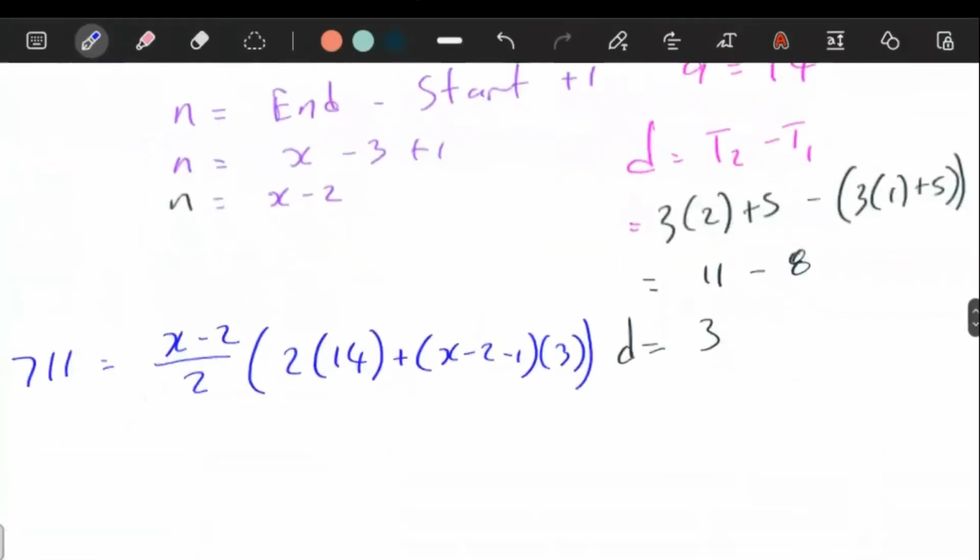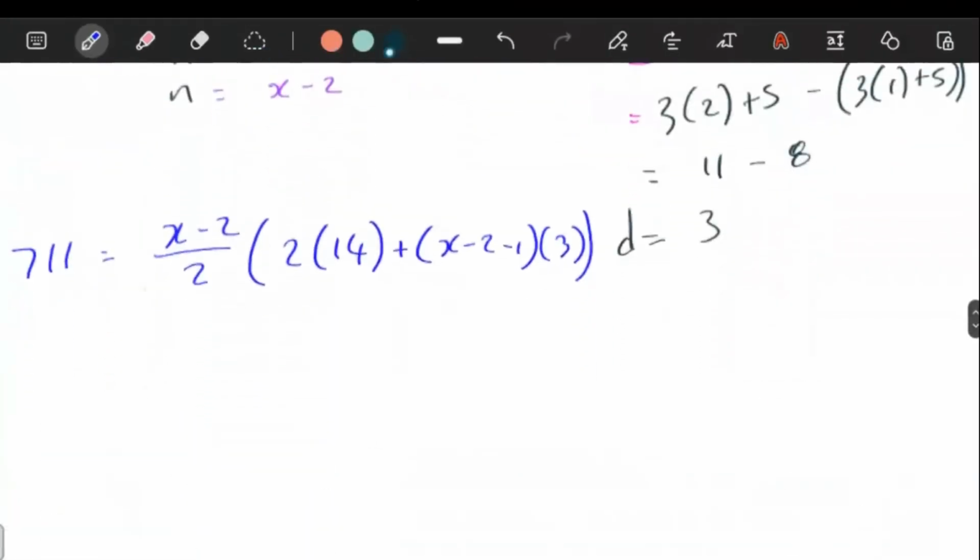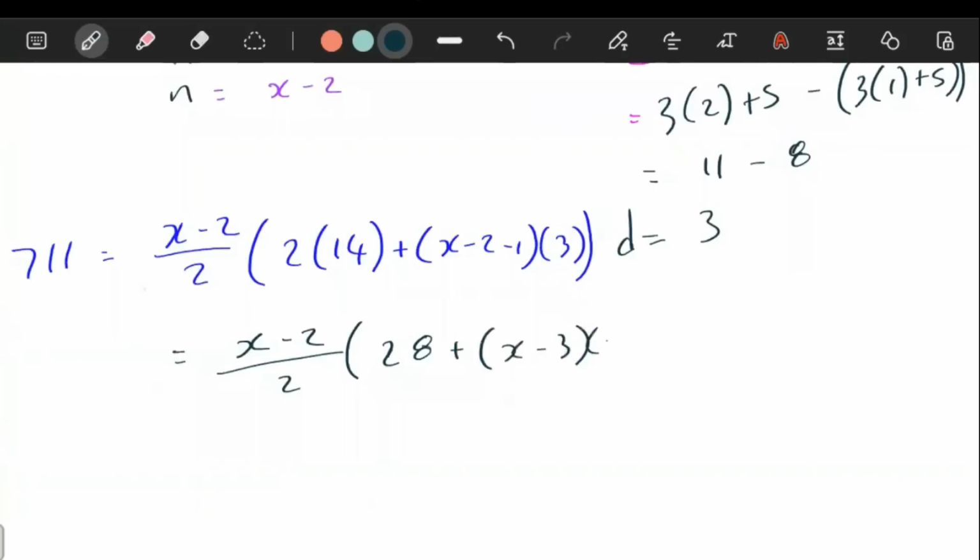So we're solving for x here. Let's take it bit by bit. You see x minus 2, you can leave that out. 14 times 2 is 28. This is now going to be x minus 3, and then this is x minus 2 over 2. This is 28.